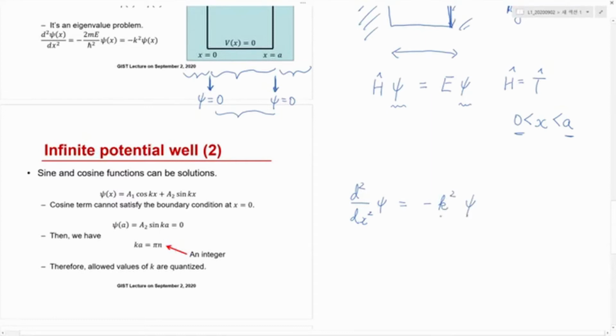Since k is squared, this is a negative number, so we have a negative eigenvalue for this second order derivative. Then we can say that maybe cosine or sine functions, with a certain coefficient, can be basis functions for this solution.